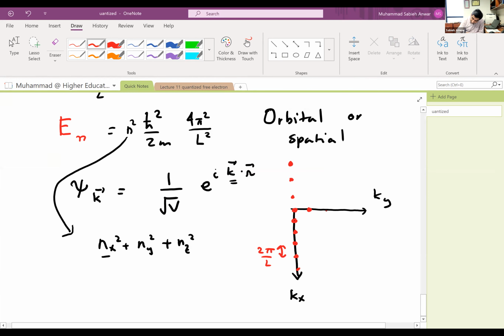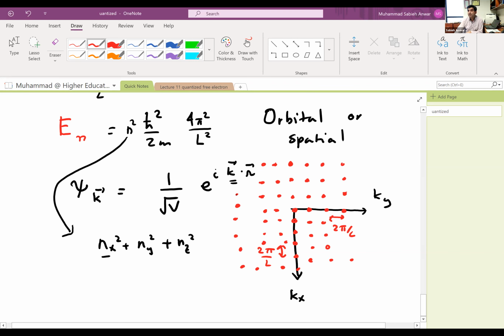Likewise, along the y dimension, ky, I have a spacing 2 pi over L, and I have all of these points. So this is a picture of the wave in k space, or a picture of the electron in k space, in the Fourier space.